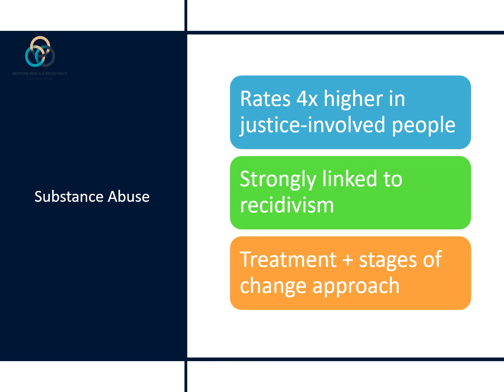The next stage is the action stage, where they are doing the things necessary to change for at least 3 to 6 months. The final stage is maintenance, where they've made changes and now they are maintaining that change. A side stage is relapse. Relapse is common.